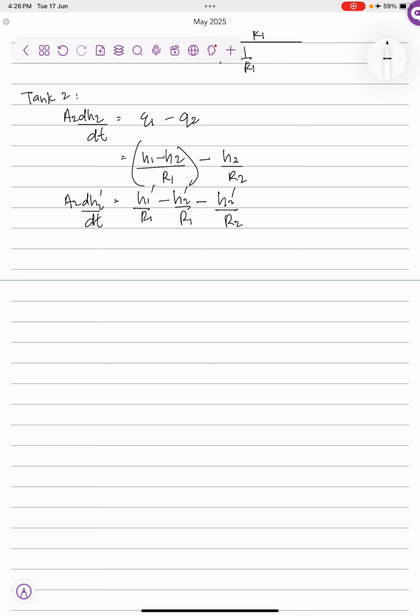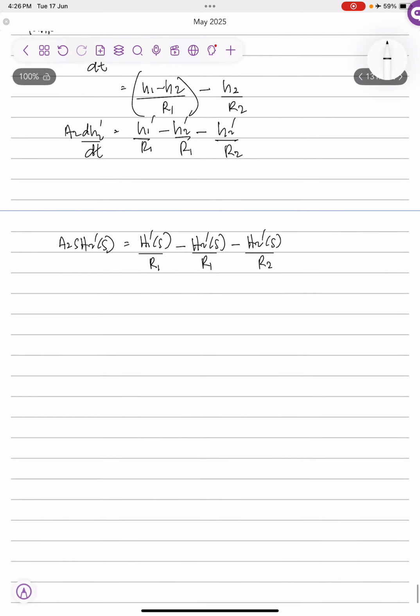We transform both sides and get A2 s H2'(s) equals H1'(s)/R1 minus H2'(s)/R1 minus H2'(s)/R2.